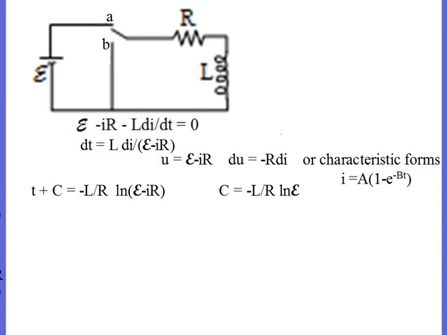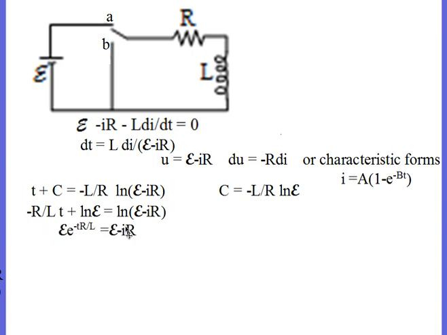I'll raise both sides of this equation as powers of e, and you end up with... oh no, I haven't done that yet. What I did was multiply through by negative R over L to get rid of this term, so there's a negative R over L there. But C is equal to this, and if I multiply that by negative R over L, I just get the natural logarithm of the EMF.